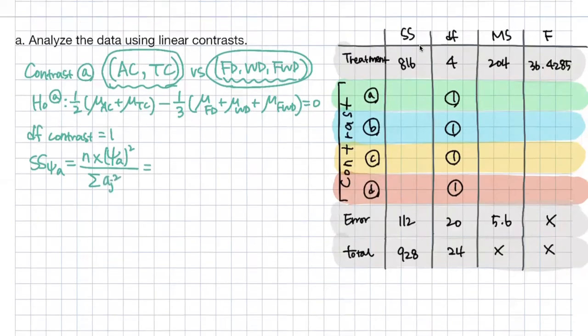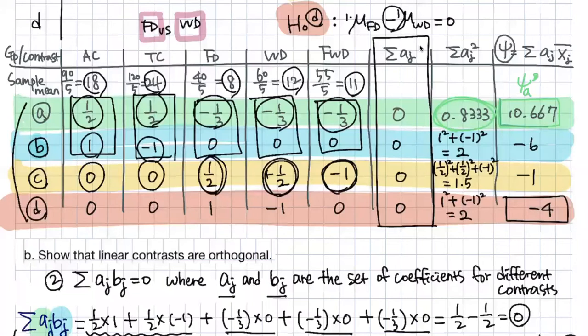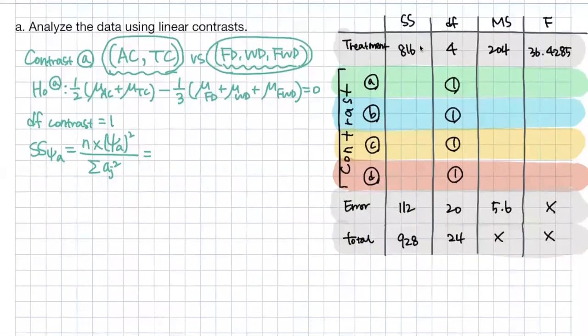So let's go to the table on the top. This one is psi A, and this one is the sum of squares of the coefficients of the linear contrast. We are going to copy these two numbers. Let's plug in. So n is 5.